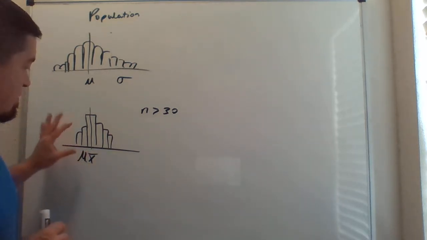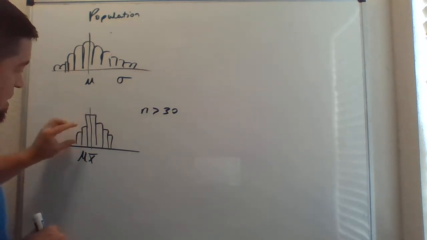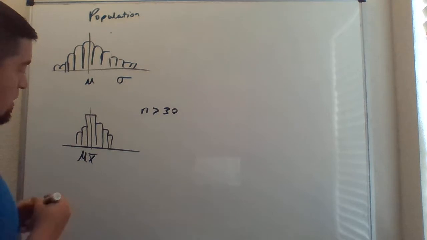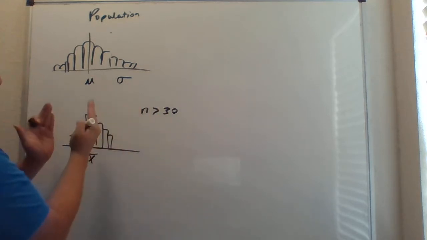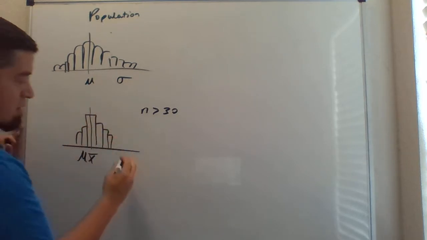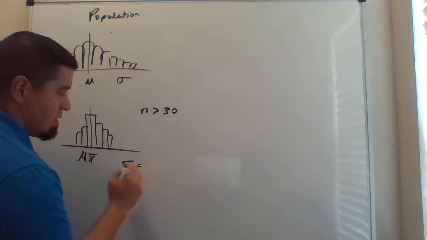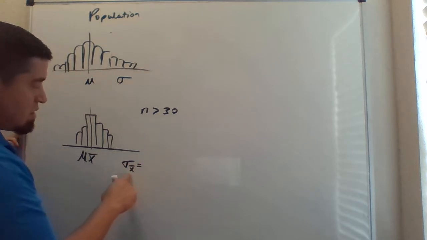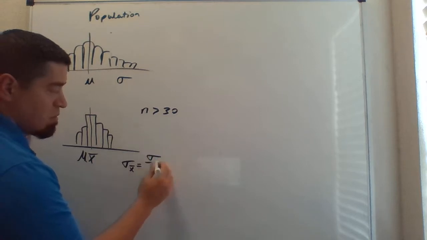From here, not only do we get a normal distribution for our sampling distribution, we also will notice that our variance actually decreases. By how much does it decrease? The standard deviation of the sampling distribution of x bar will decrease to the original standard deviation divided by the square root of n.